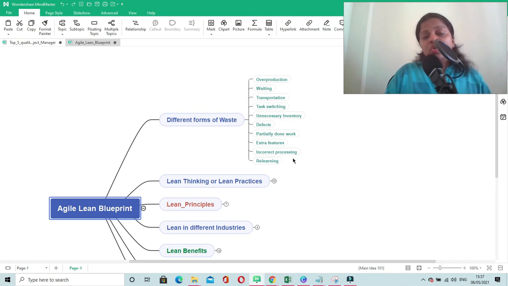The next form of waste is incorrect processing. You have to ensure that your processes, your tools, your systems are set up correctly so that you will not end up processing something which is incorrect. For example, in software development, you have to point your automation tool to the right code base so that after your coding is completed, the automation system will directly build your code base, and that too the latest version and the latest code base it will build.